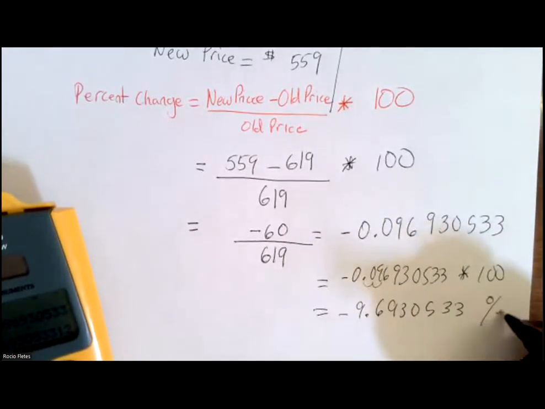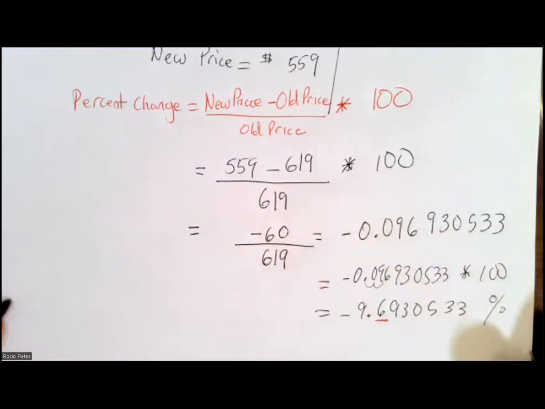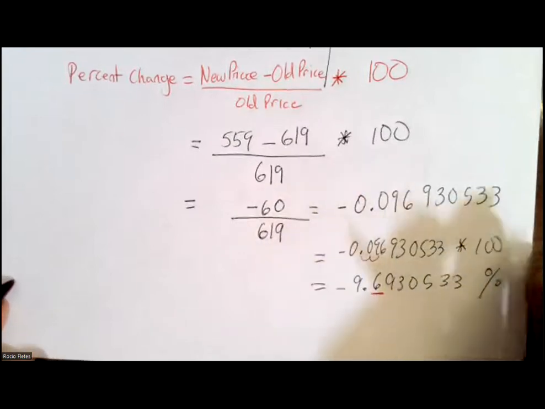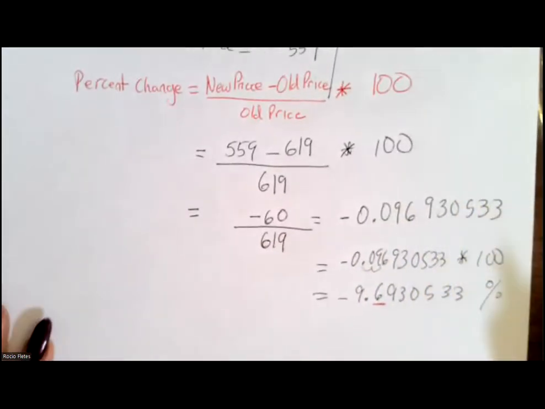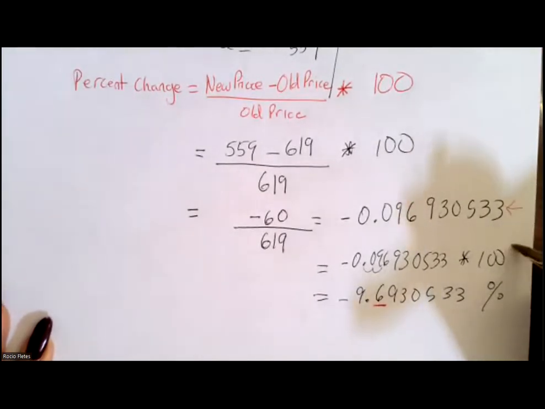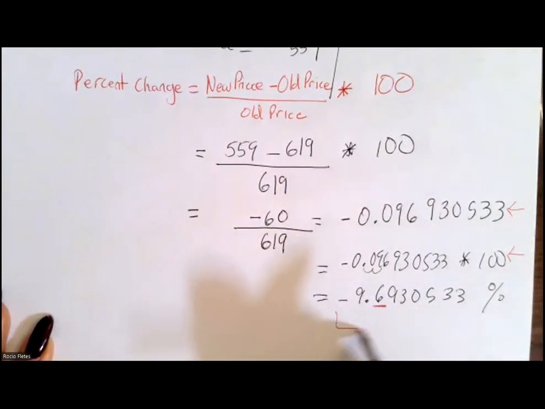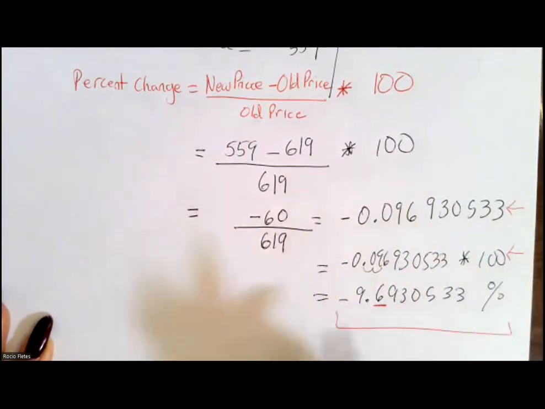And we add the percent sign, and then you're going to round to the nearest tenth of a percent, which is the 10th place. Now, notice that I did not round. I don't round intermediate answers. I only round the final answer, which is this one.